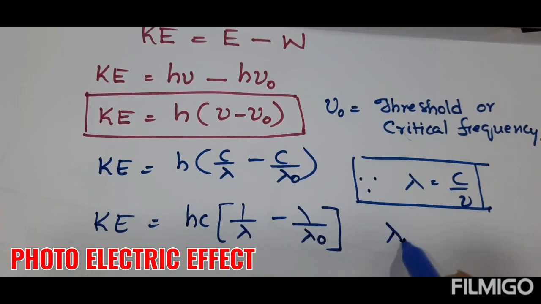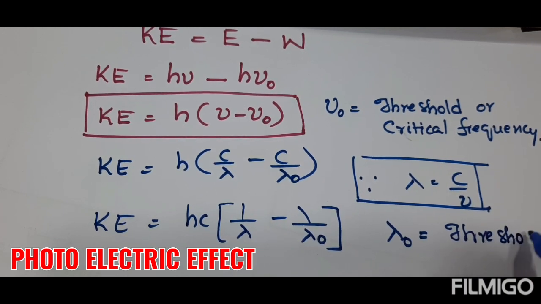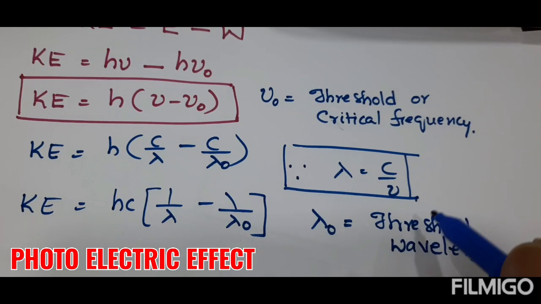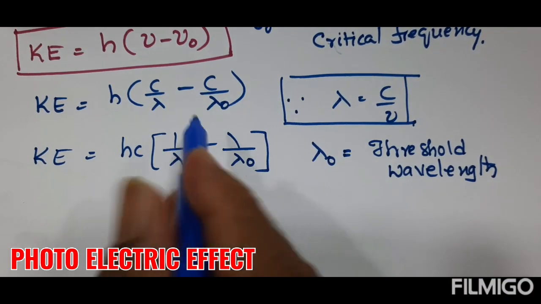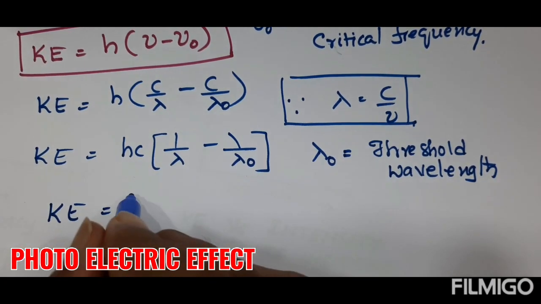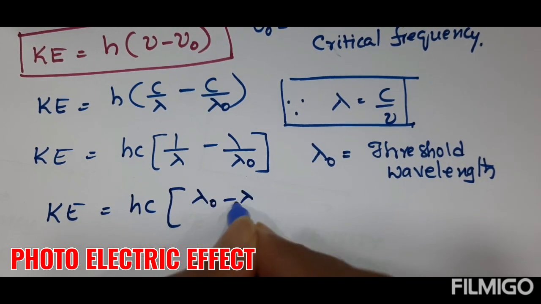What is lambda naught? Critical or threshold wavelength. Finally, kinetic energy is equal to hc into lambda naught minus lambda by lambda into lambda naught.